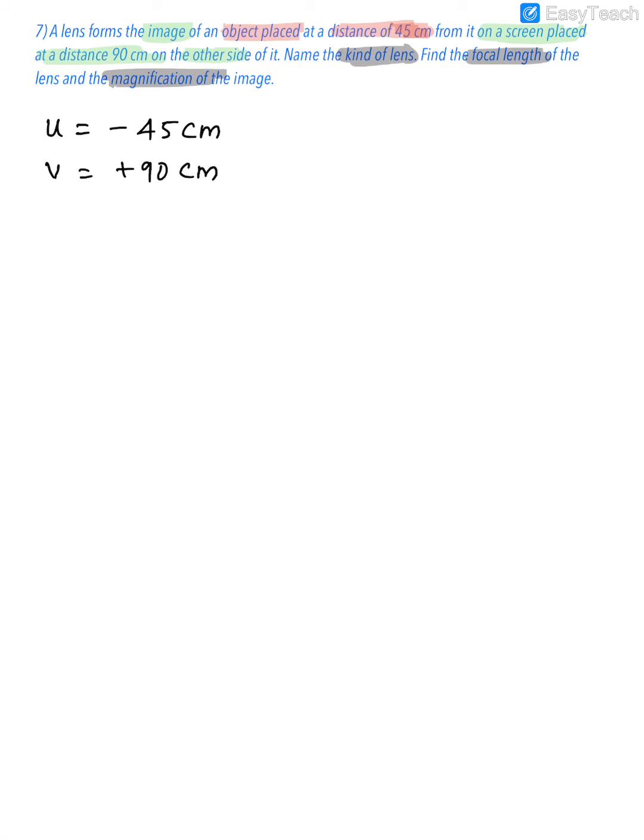So you have to first find out what type of lens. So the type of lens is what? We will get answer as it's a convex lens, obviously, because it gave a real and inverted image. Then they're asking us what's the focal length and also what is the magnification.